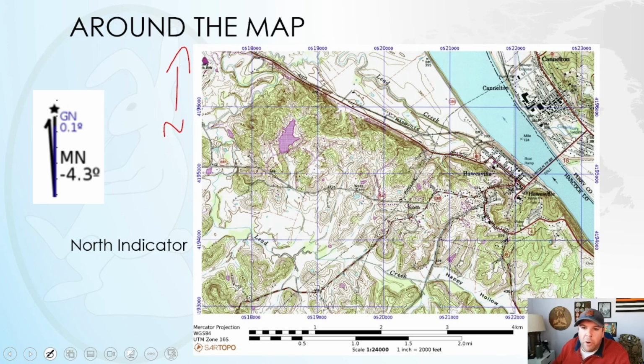Depending on how far you are away from a zero declination line, the greater this number is going to become. Negative 4.3 degrees, you can get pretty far off. As you get out to 1,000 meters or a kilometer, you can be off by about 43 meters.